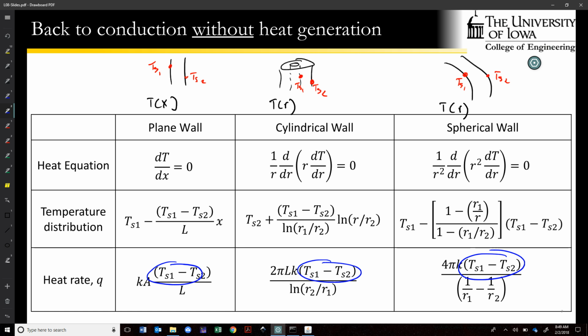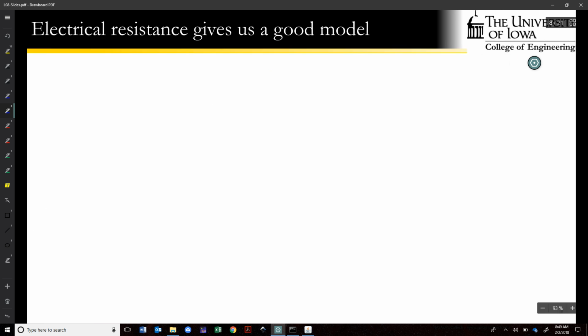So let's jump trains of thought here for a second and go into electrical circuits mode. Remember the concept of an electrical resistor? This is the symbol we use to represent a resistor, and we say it has some electrical resistance R_E.